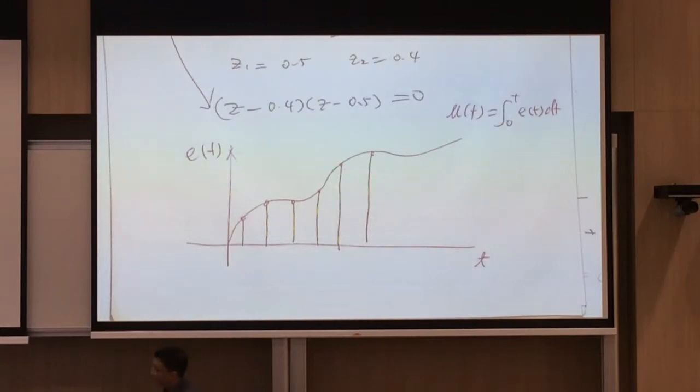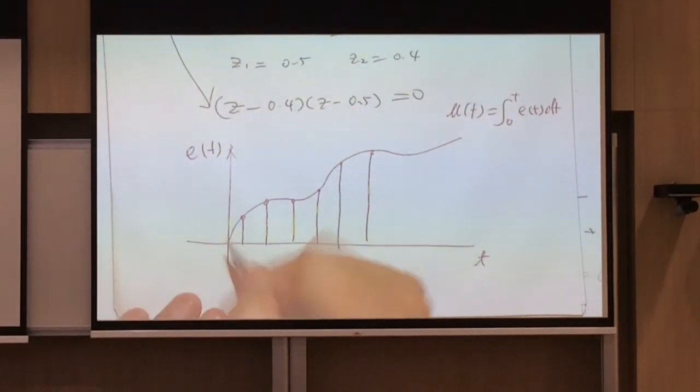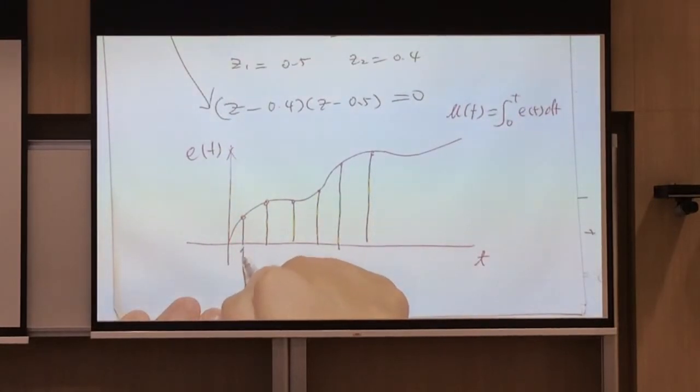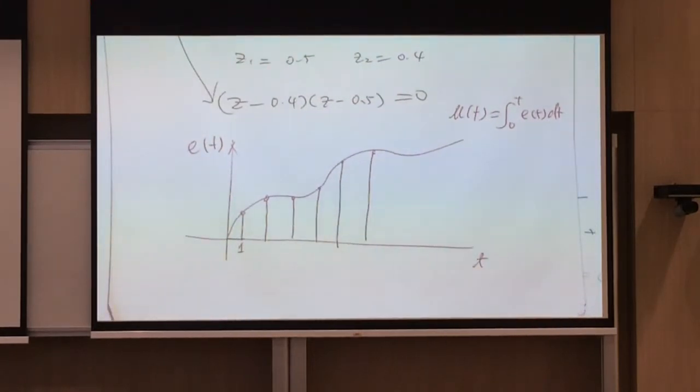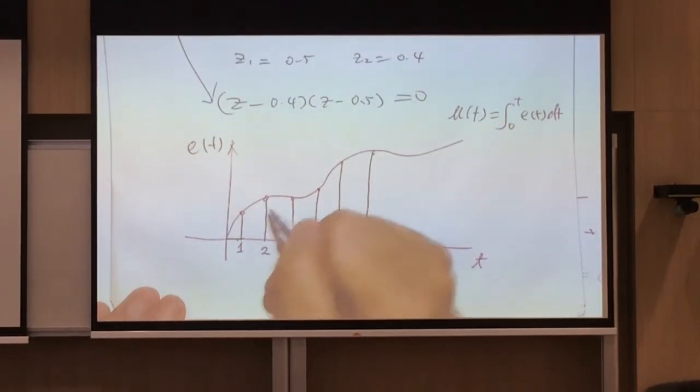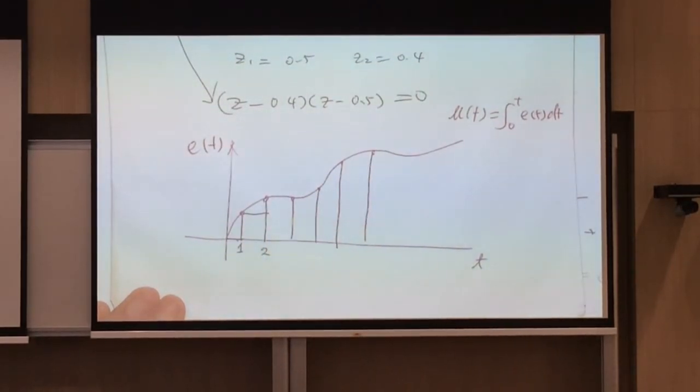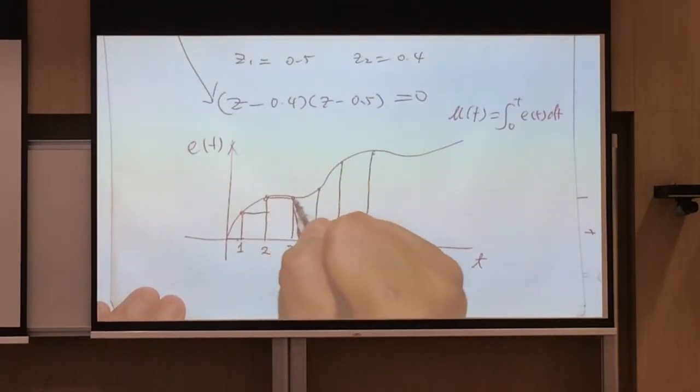So if we are going to apply the backward rectangular, it means when my time is here, my integration will look from my previous time to here. If the previous one is 0, this one is 0. Then when I come to time 2, I take the previous. When I come to time 3, I take the previous.